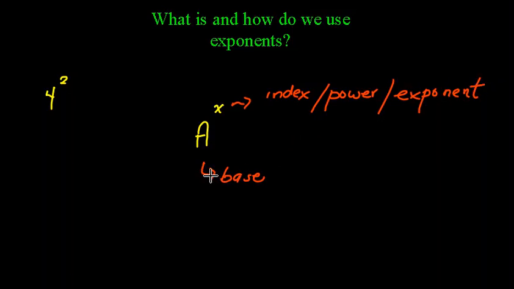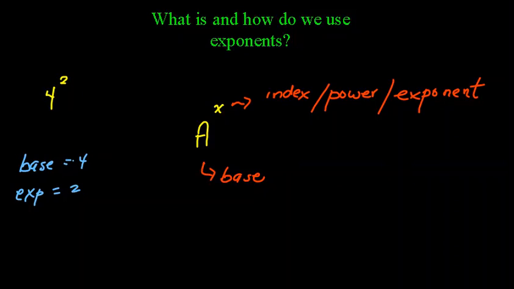So we say a base is raised to the x power, the second power, or to a power of 2, or it has an exponent of x. So in the case that we spoke about just now, 4 squared, the base is 4. If you were asked to break this apart, the base is 4. And the power, the exponent, if you will, is equal to 2.